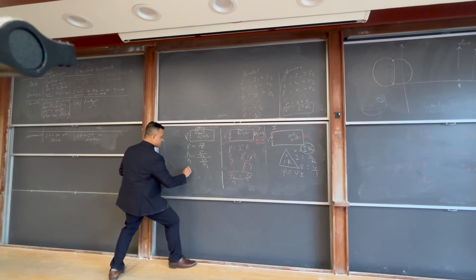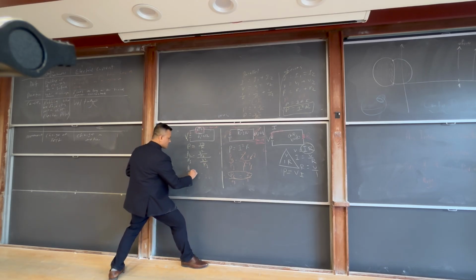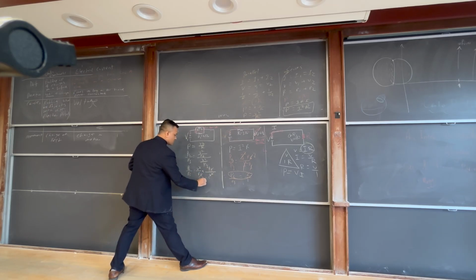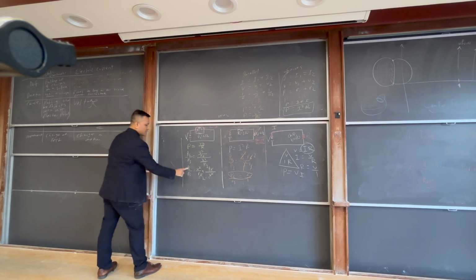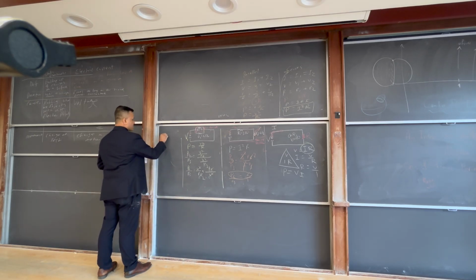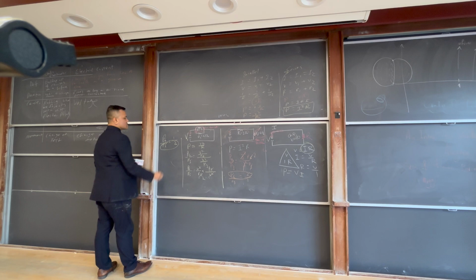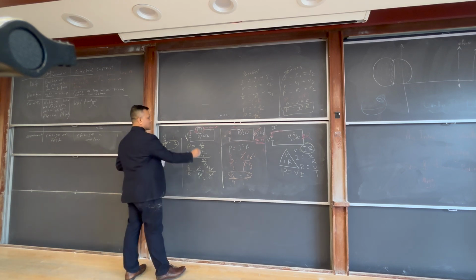So you have P6 over P3 is equal to V square over R6 divided by V square over R3. V square cancels. 3 goes into 6 twice. So what are you left with? P6 over P3 is equal to 1 over 2. So this one is twice as big, and that's exactly what we said.